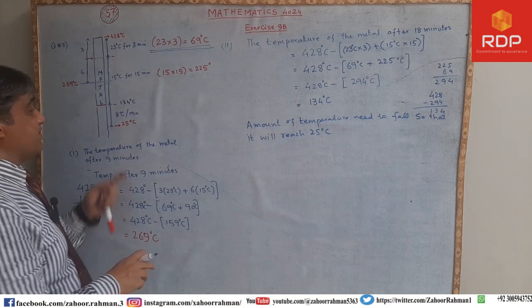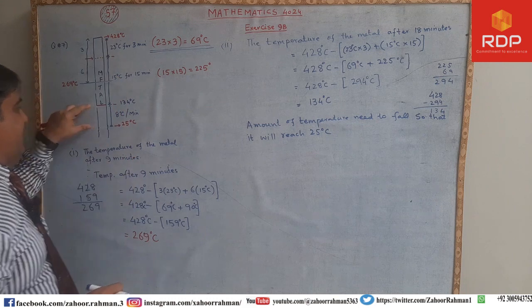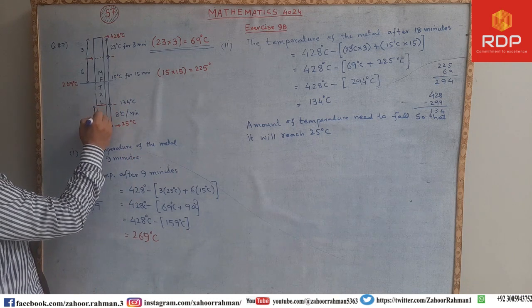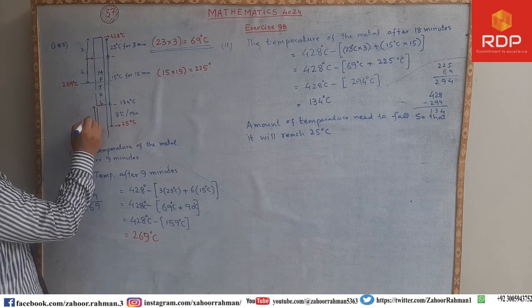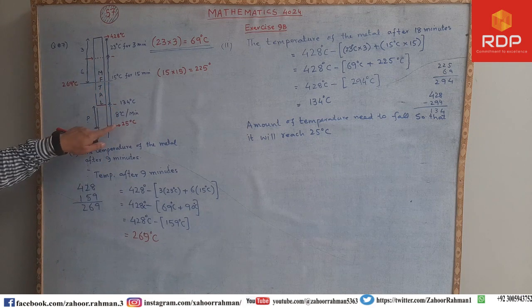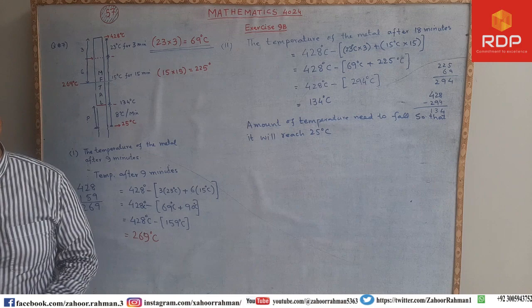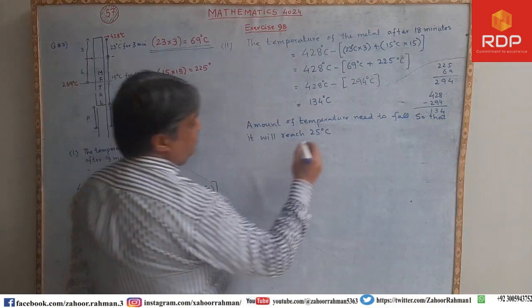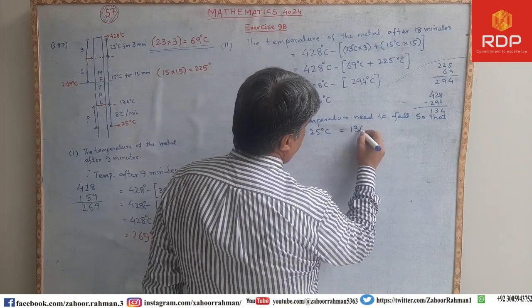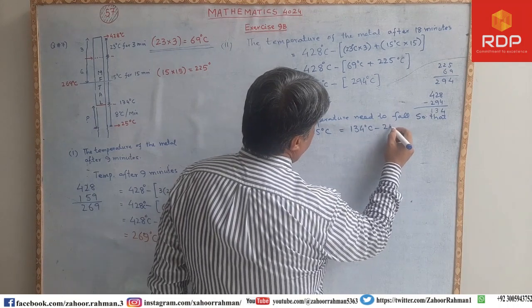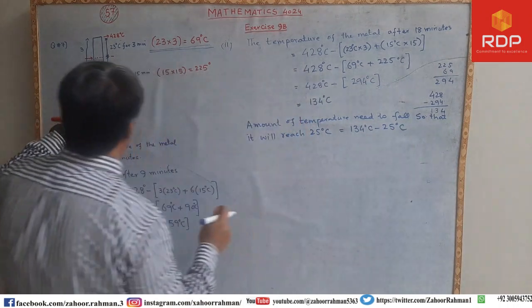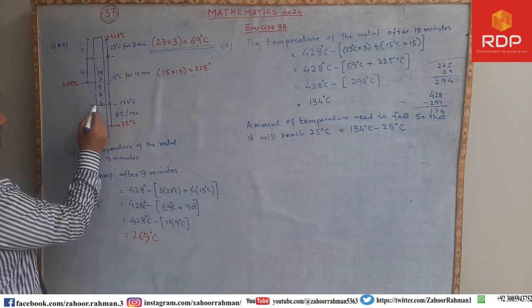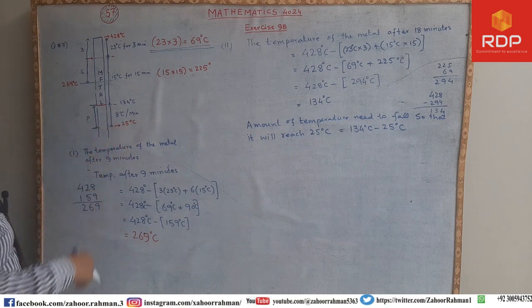So we have to subtract this from the remaining; we want to find this temperature. This area 134 is till here, and we have to subtract this 25, not from 428.